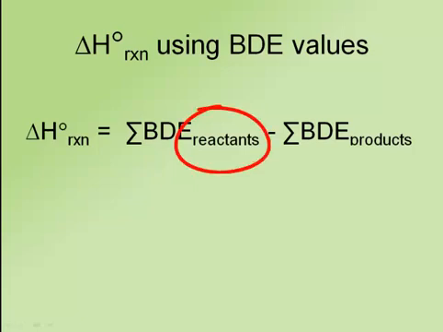Notice that reactants and products are switched compared to when we were using delta HF values. And it's because of this sign convention. Reactant bonds are broken, requiring energy, which is a positive change. Product bonds are formed, which releases energy, which is a negative change.